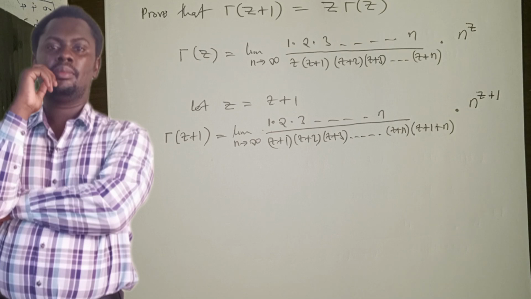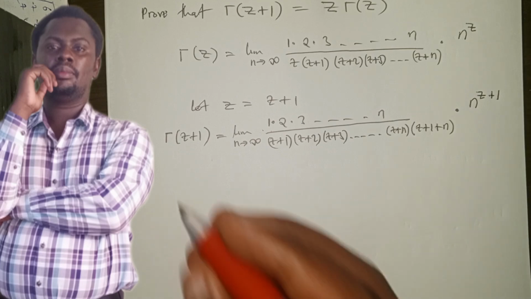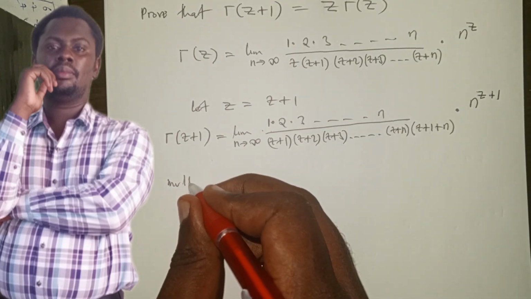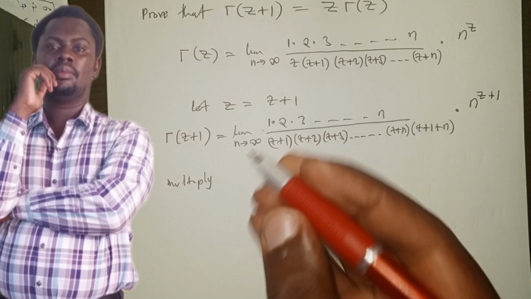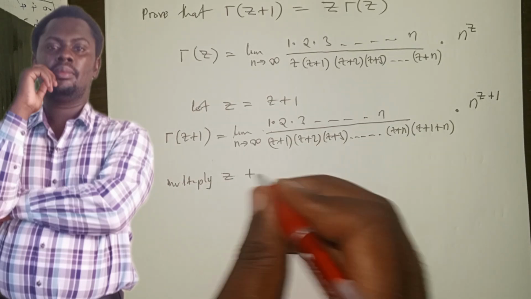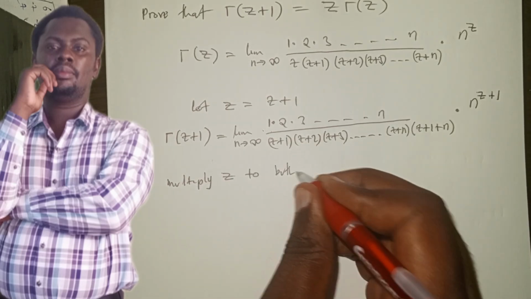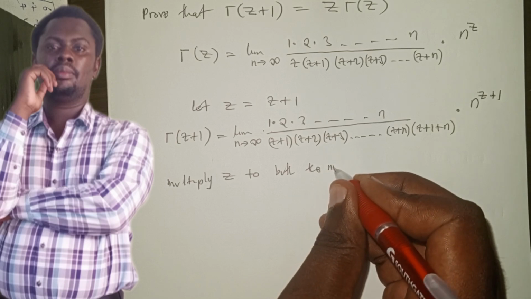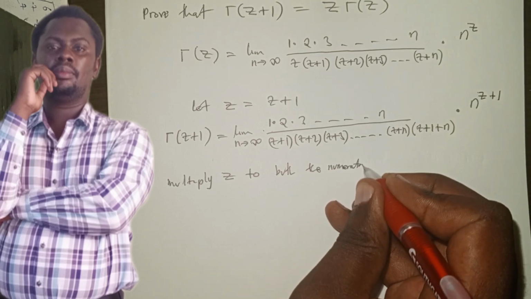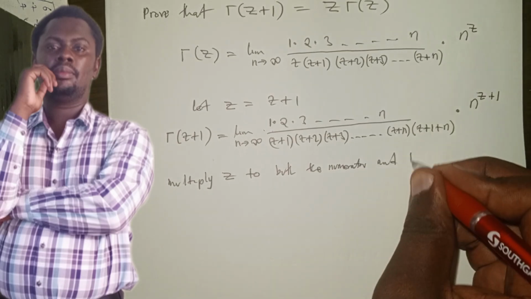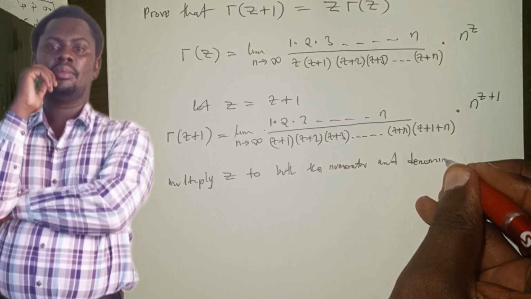And we know that if we have the same value as numerator and denominator, those two values cancel out, meaning nothing has changed. So second step, multiply z to both the numerator and denominator.